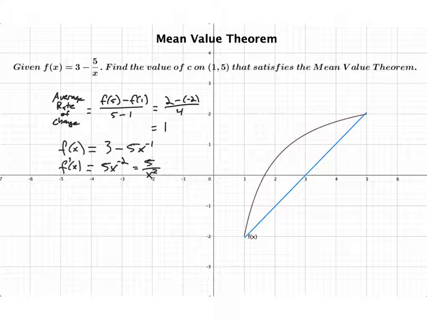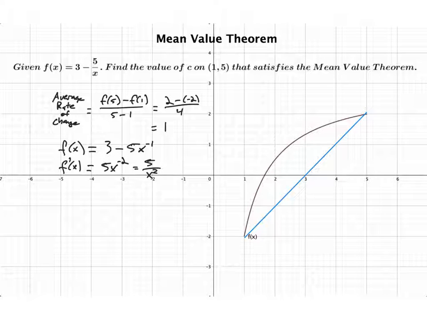Now, in order to make the derivative easier, we will rewrite our f of x as 3 minus 5x to the negative 1. Then we'll use the power rule, so 3 becomes 0, the 5 becomes a positive 5, and then we reduce the exponent to negative 2, so we have 5 over x squared.